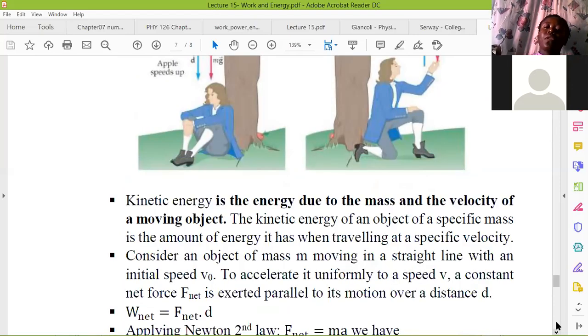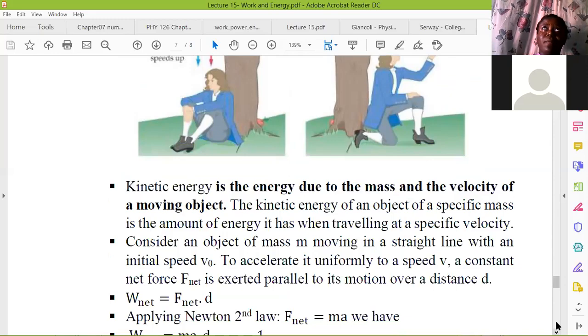Okay. So we remember we were talking about the kinetic energy, and we say that the kinetic relates to motion. The kinetic energy is the energy due to the mass and the velocity of the moving object.